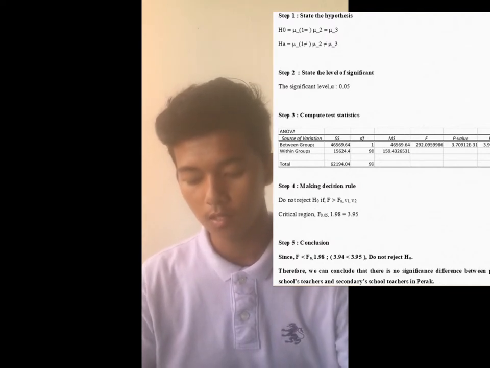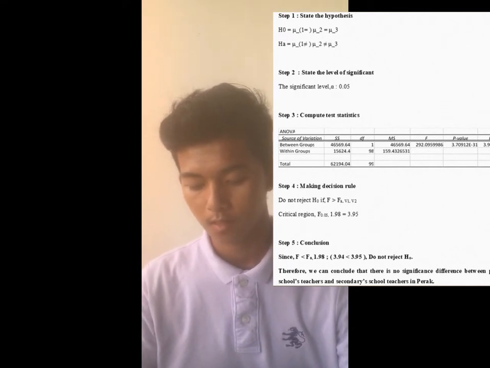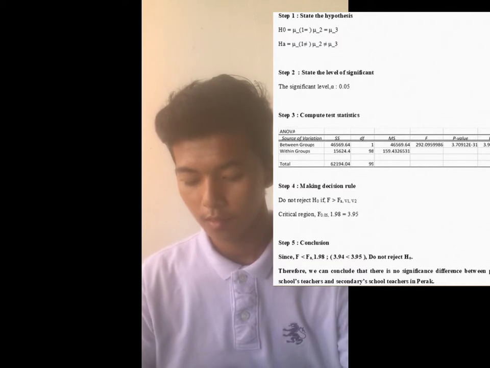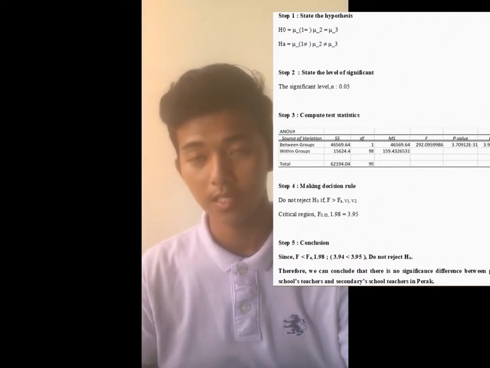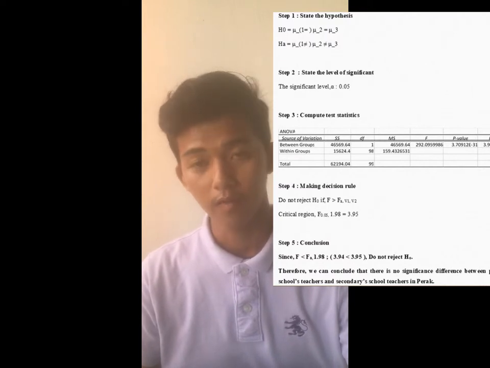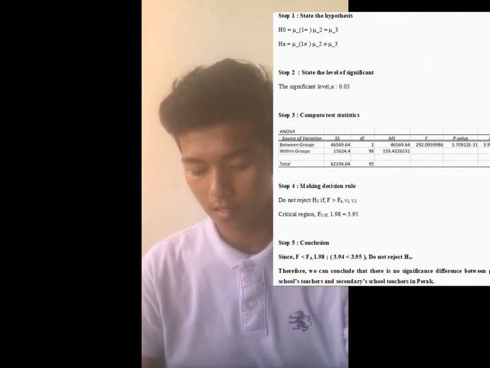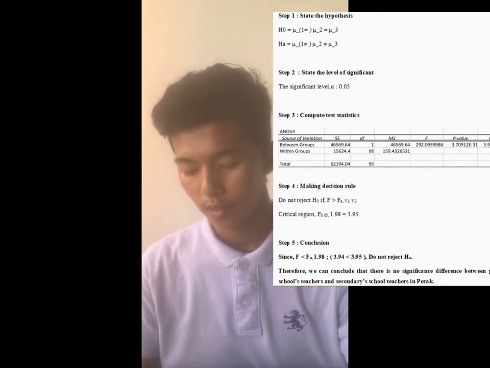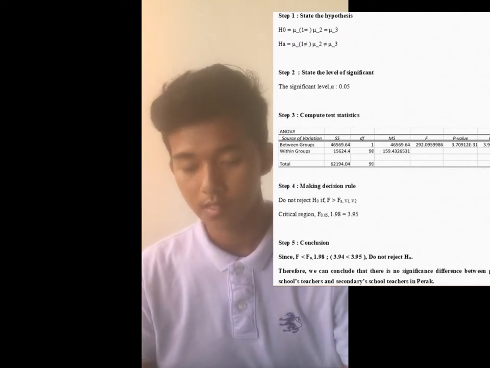HA: mu 1 is not equal to mu 2 and mu 3. Step 2 is to state the level of significance. The significance level is 0.05. Step 3 is to compute the test statistic.